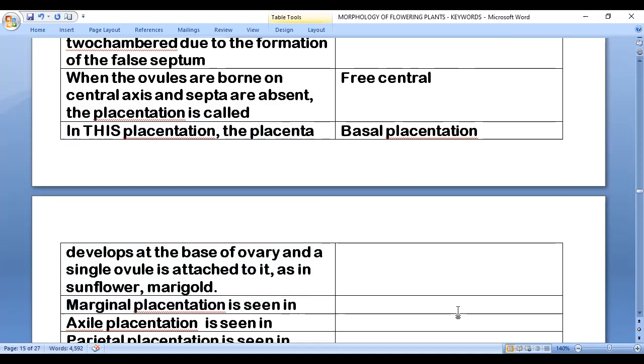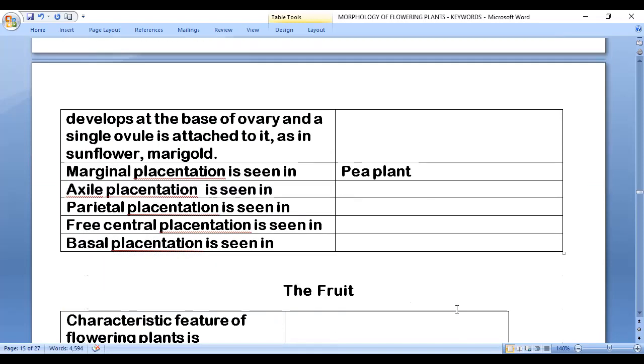Marginal placentation is seen in the pea plant. Axial placentation is seen in China rose, tomato, and lemon.